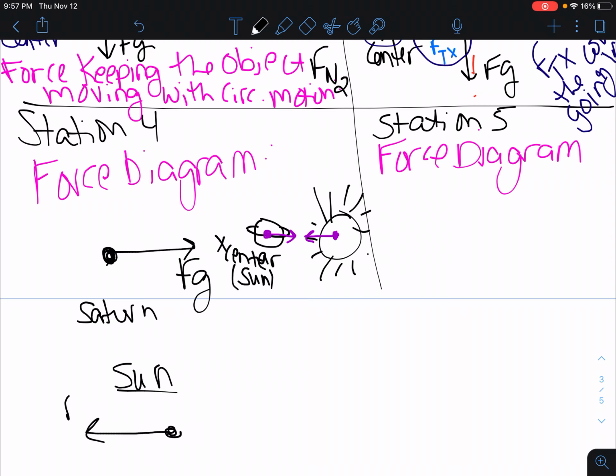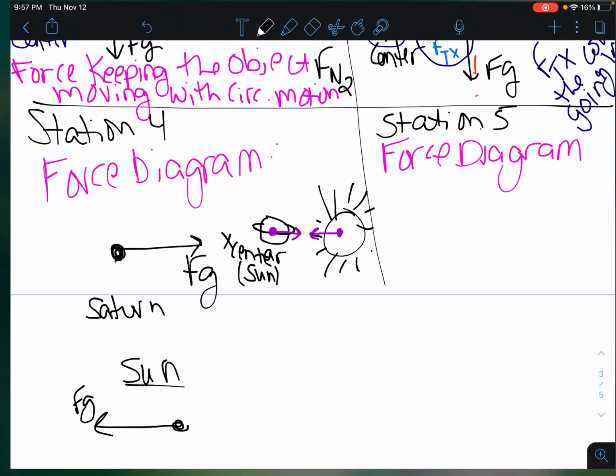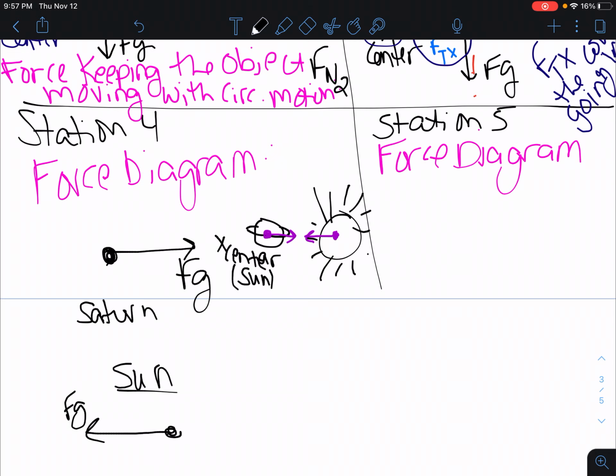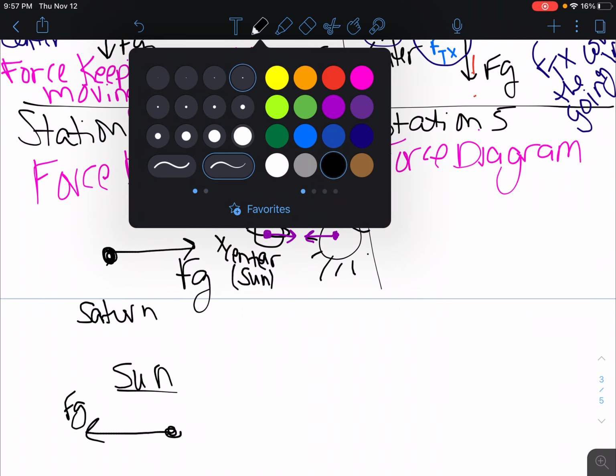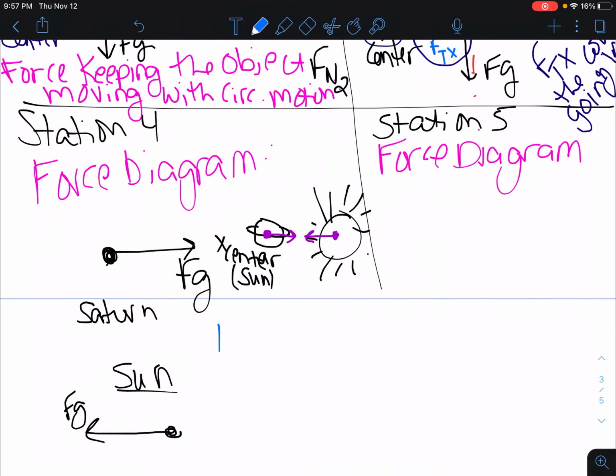Now, the sun is not moving along a circular path, so we wouldn't talk about that being a uniform circular motion, but the rest of the planets are moving in uniform circular motion. Okay, so obviously what's the force that is keeping this moving in a circle here? It's the gravitational force. So the gravitational force keeps Saturn in orbit.